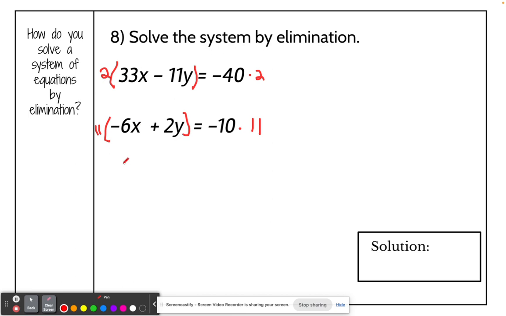2 times 33x is 66x. 2 times negative 11y is negative 22y. And negative 40 times 2 is negative 80.